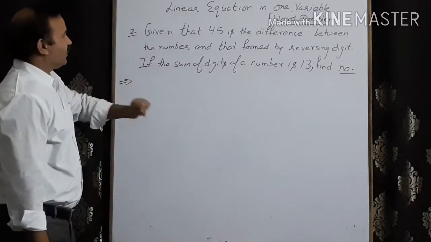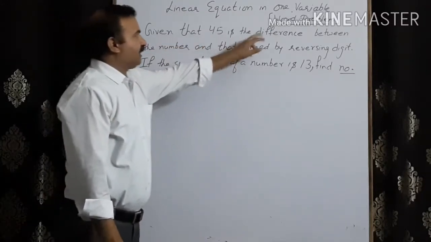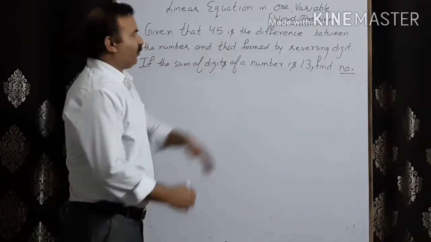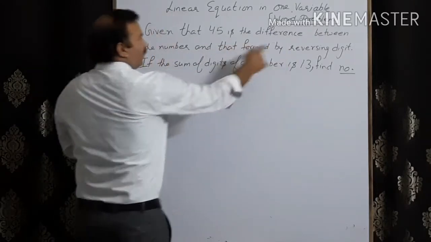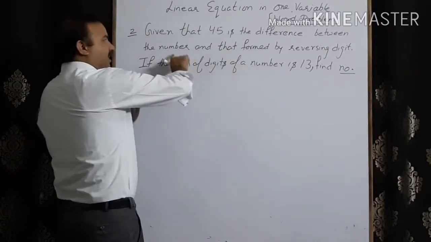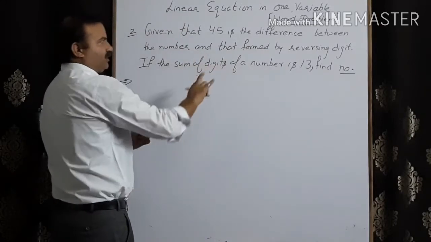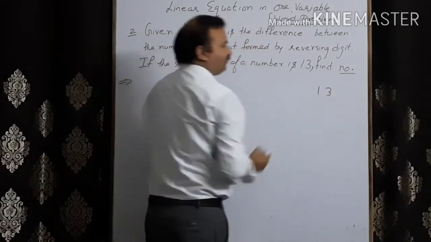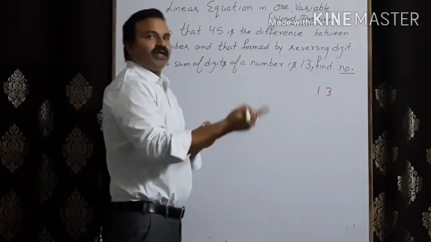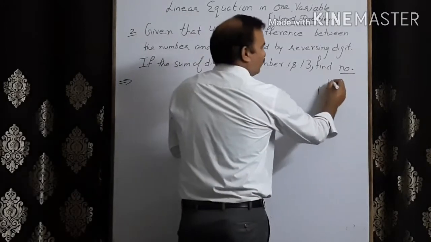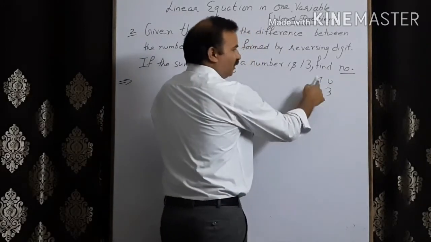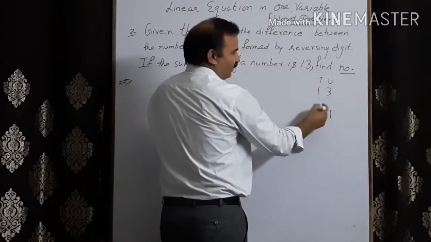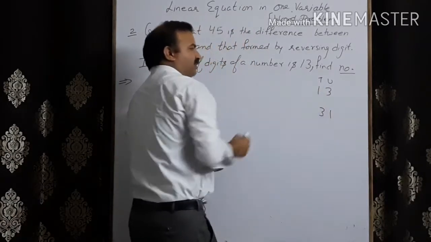Now the second question is: 45 is the difference between the number and that formed by reversing its digits. For example, if a two-digit number is 13, and we reverse the digits, in place of the unit digit the tens digit will come, and in place of the tens digit the unit digit will come.